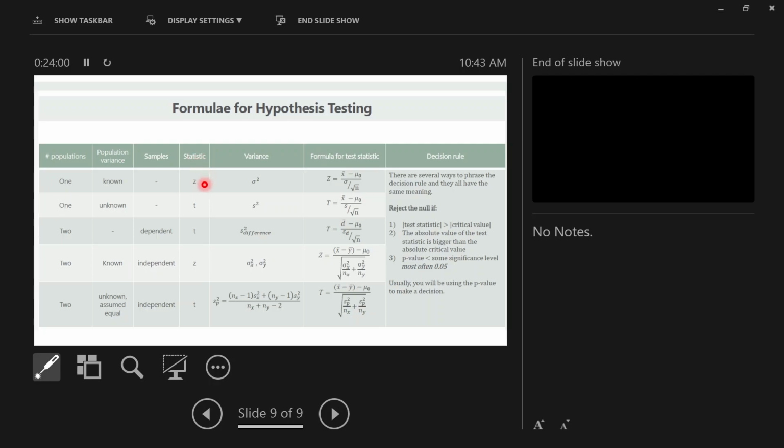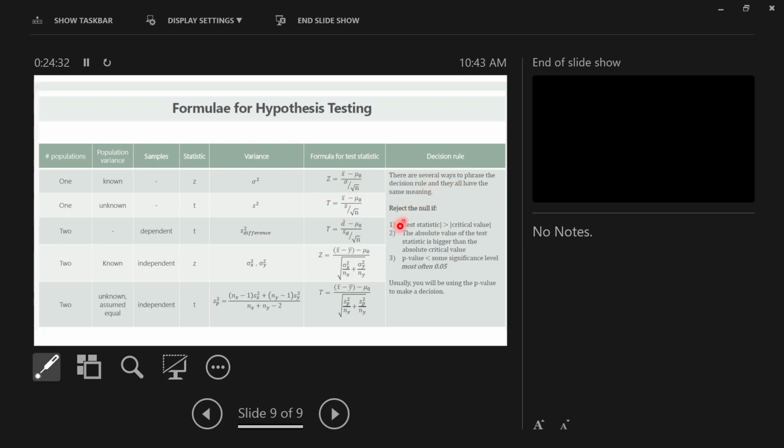The statistics is the Z table. The Z table will assist us in calculating the critical value. Then the formula for test statistics, we use capital Z, is equal to the sample mean minus population mean divided by the SE, the sigma divided by this one, it was the standard error, right?